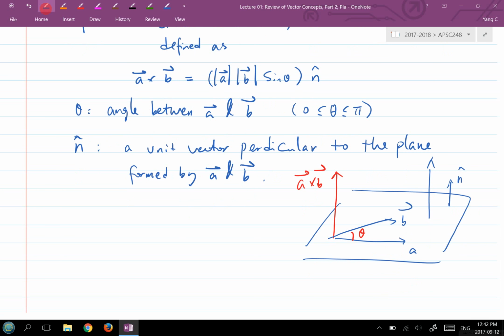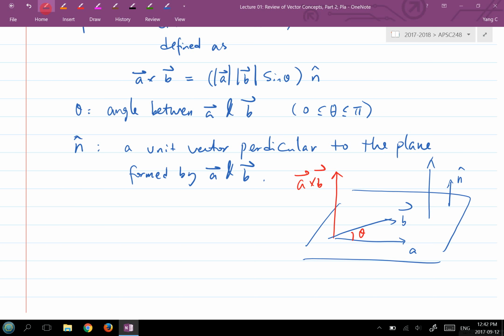The other way is to use three fingers of your right hand: the index finger points to A, the middle finger points to B, and then the thumb points to the result of the cross product. That's another way of illustrating this.